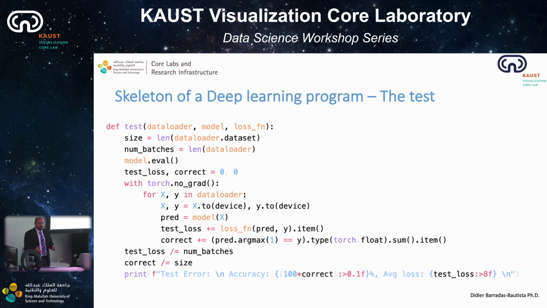So you also need to do this for the test set. You have to define that you're going to use the model, but the only thing that you're not going to do here is update the model. This is why in this line it says with torch no grad. It means I'm just going to test whatever is trained. Whatever my model learned, now I'm going to test it and nothing is going to be updated. I just want the result. And this is pretty much what it says here.